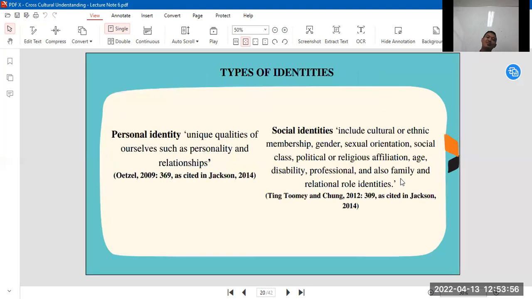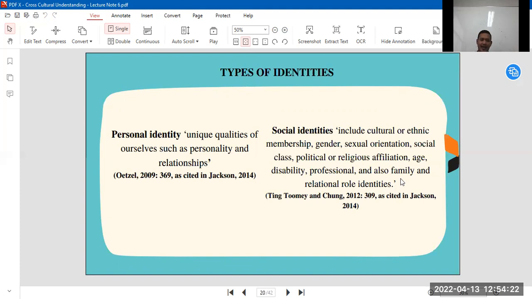Now let's continue with the discussion about types of identities. As we develop and become mature, we identify with many different groups based on aspects such as age, gender, language, ethnicity, social class, and so on.